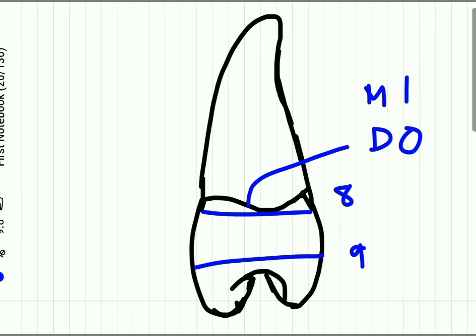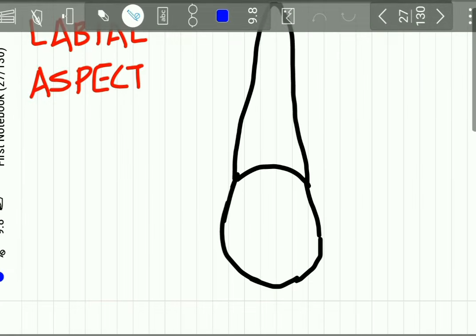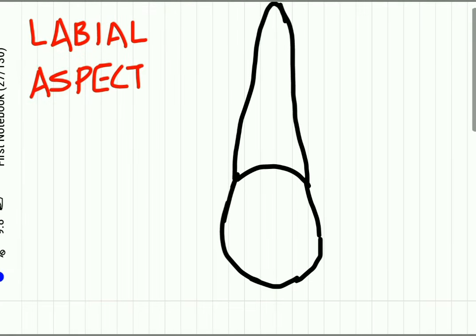That is, the cervical line is almost straight. Now, the maxillary second premolar supplements the first premolar in function, so both of these teeth are almost similar, but the maxillary second premolar is always single rooted. The root does not show any bifurcation.